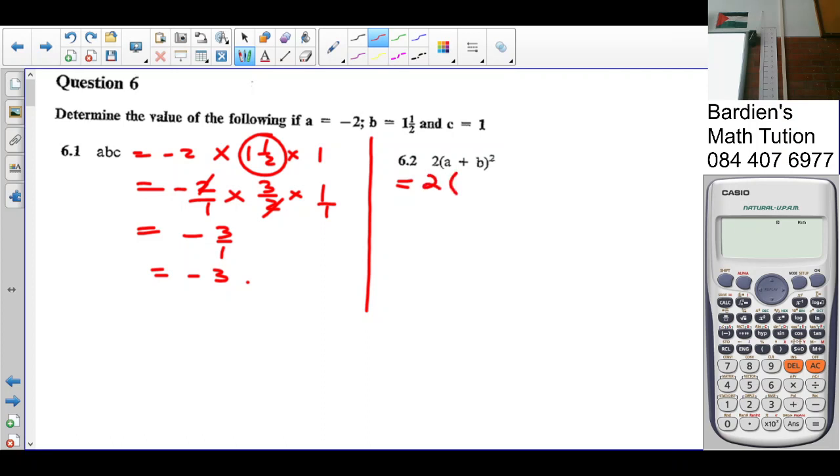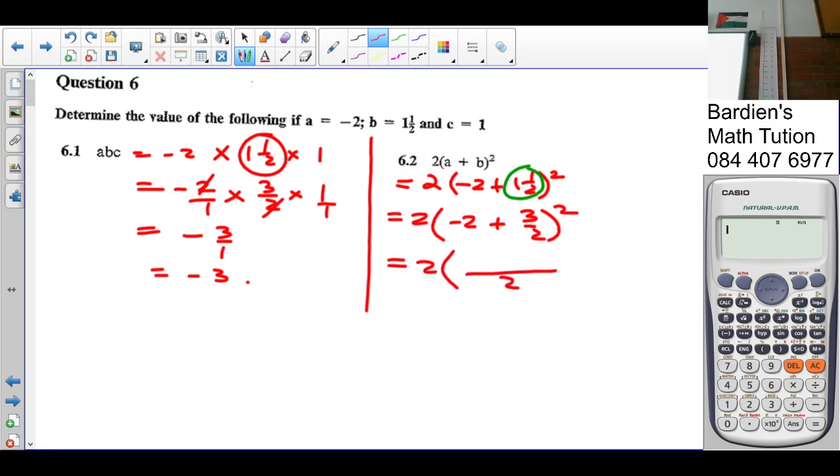Right, so you got 2 into, what's your A value? -2 plus B, which is 1.5 squared. So it's 2 times that. This can change to 3 over 2, improper, squared. What's your LCM inside the bracket? 2. So I must multiply that by 2, so it's -4. I multiply this by 1, I get 3 squared.